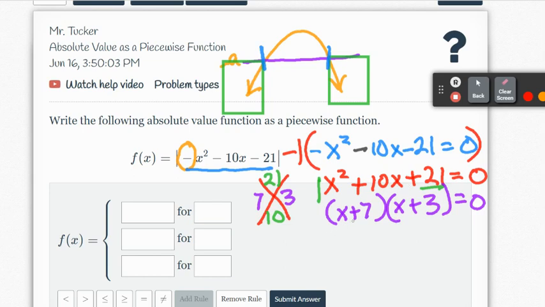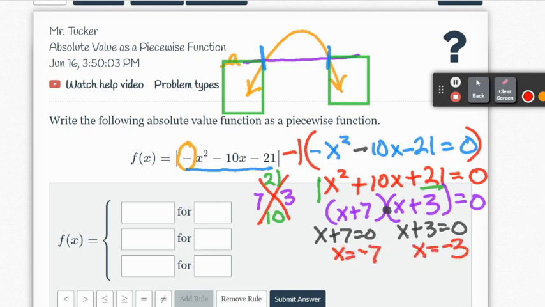And then I use the zero product property, set each of those equal to 0, x plus 7 equals 0, x plus 3 equals 0, and continue to solve. I get x equals -7 and x equals -3. That means my first x-intercept here was -7, and the second x-intercept was -3. So now I start to process what my intervals are. So everything left of -7 would be written as x less than -7.